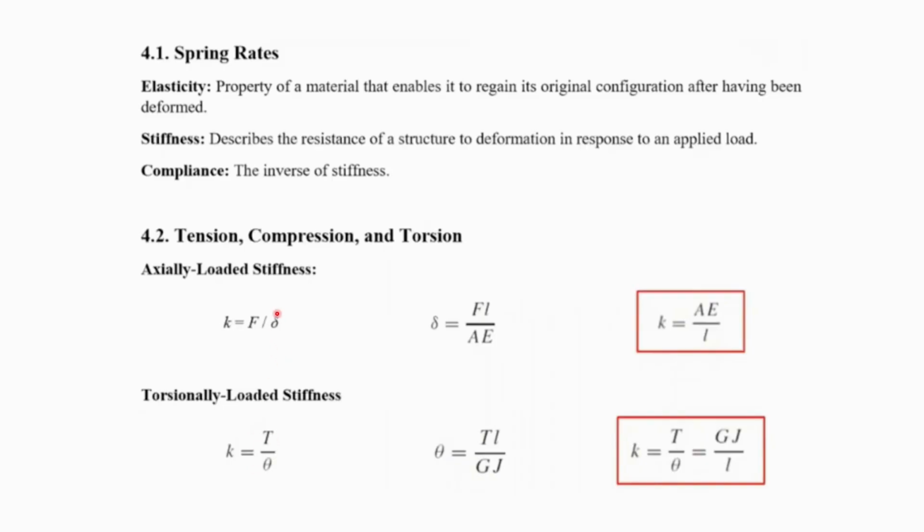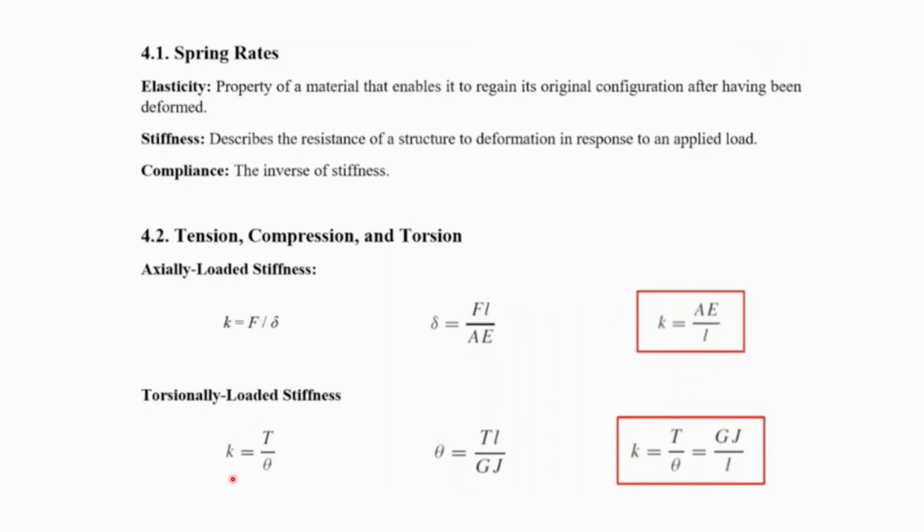Probably you already know the torsional stiffness. This is relatively new. We know the stiffness of a structure due to an applied axial force here, or related to an axial force. The stiffness of a structure can be calculated by dividing the applied force by the deformation of the structure.